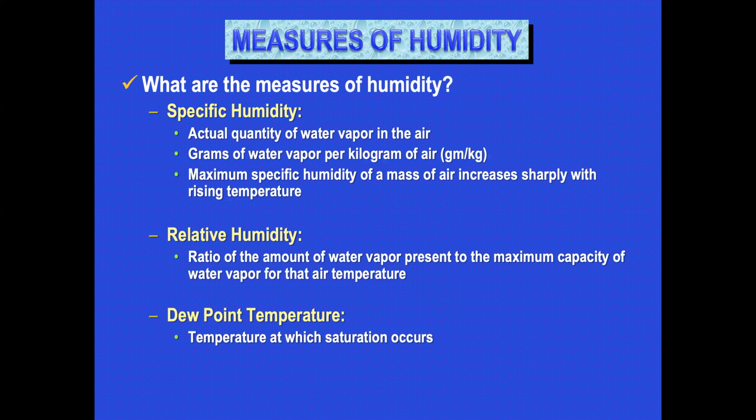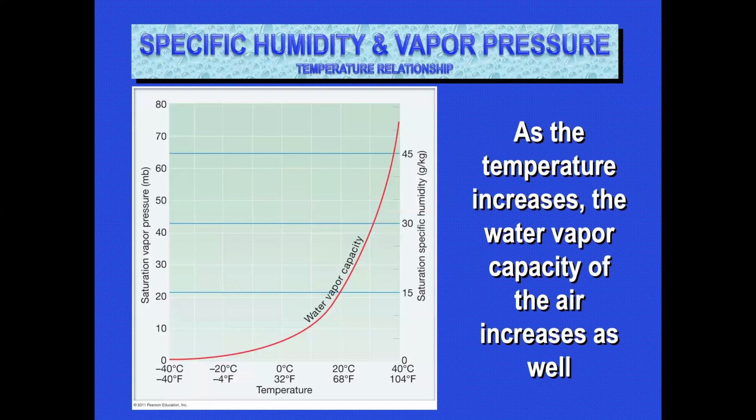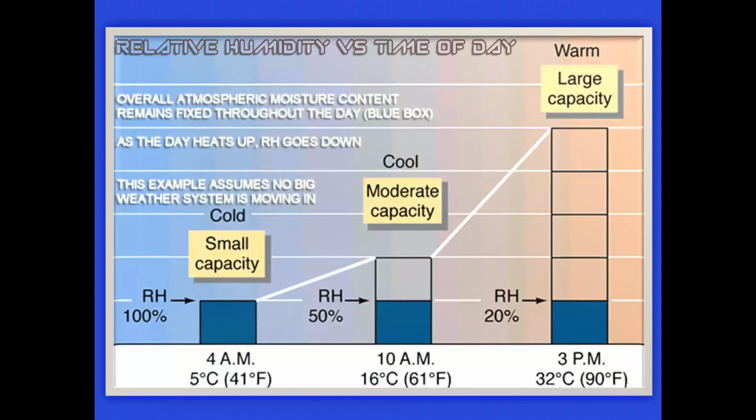Dew point. You have to cool to a certain temperature before you saturate. So as temperature increases, the vapor capacity of that particular air mass will increase as well. We've touched on this quite a bit already.